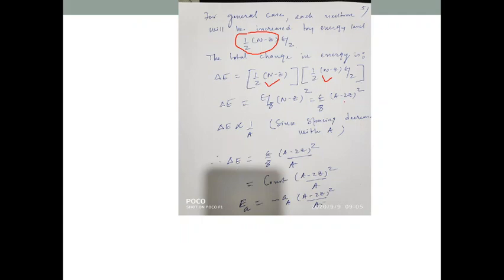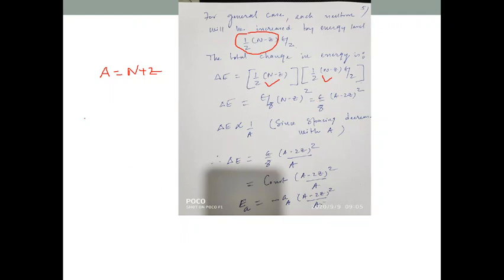So finally I get an expression. N minus Z can be written as A minus 2Z, because A is equal to N plus Z, so N can be represented in terms of A as A minus Z. So A minus Z minus Z becomes (A minus 2Z) square.